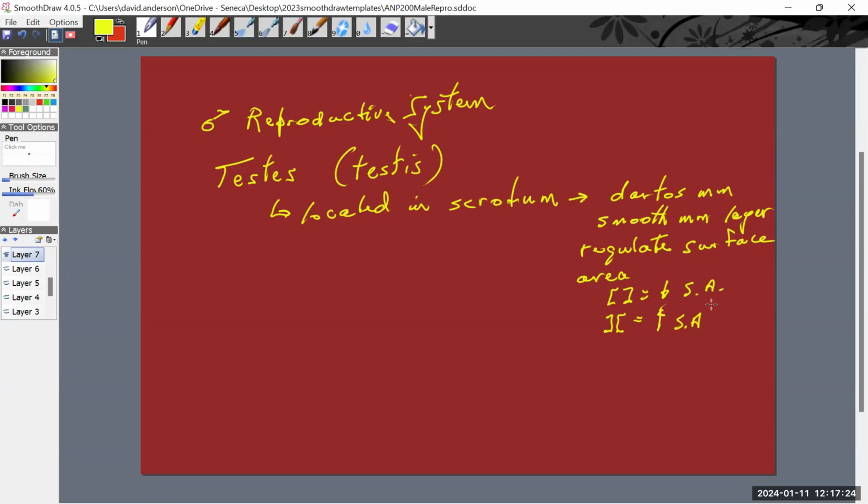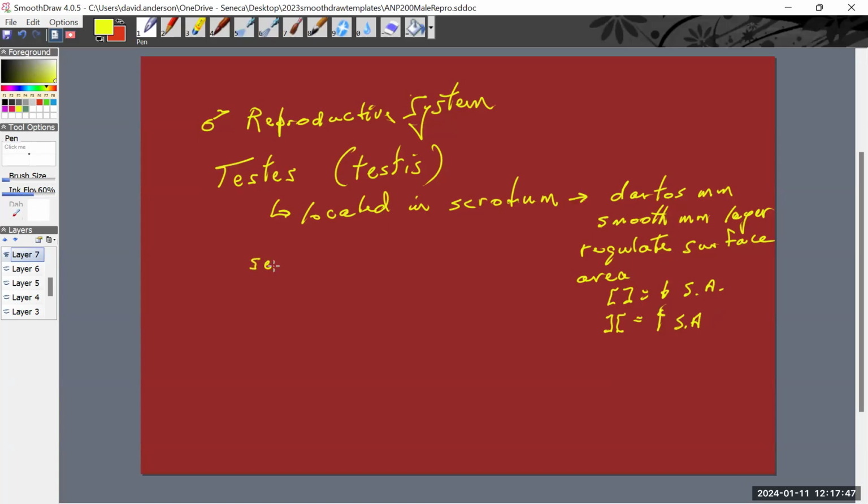So within the scrotum, the testes are located, and the testes are divided into sections that are called lobules. There are several hundred of these lobules, anywhere from 200 to 300. And within each of those lobules, there will be found 2 to 3 tubules called the seminiferous tubules.